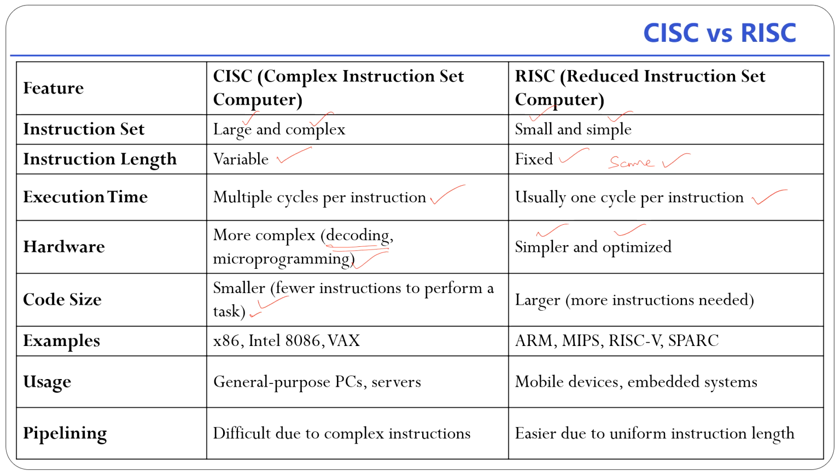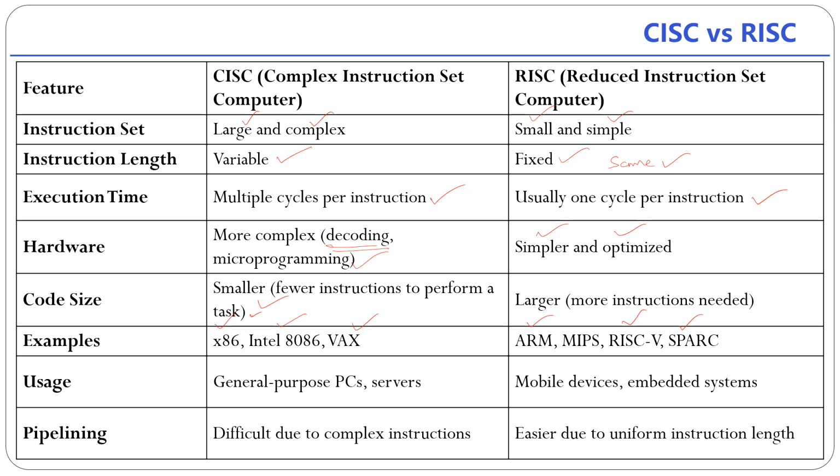The examples for CISC architectures are Intel 8086 and VAX. Coming to RISC architectures: ARM, MIPS, RISC-V, SPARC. These are the processors that follow the RISC type instruction set.